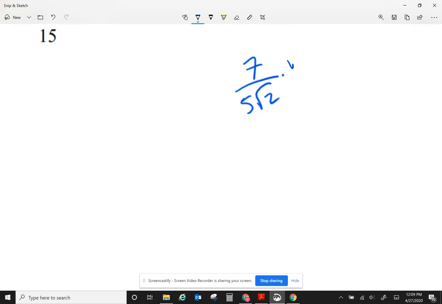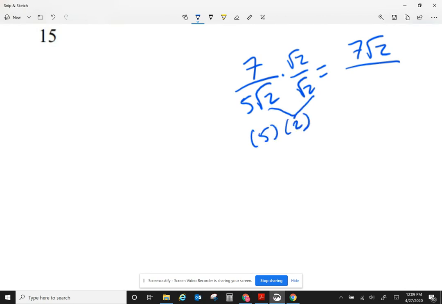Let me multiply top and bottom by radical 2. So I get 7 radical 2 over, and these two radicals become a 2. The 5 at the front, I multiply 5 times 2, and I have a 10. So my answer will be 7 radical 2 over 10.